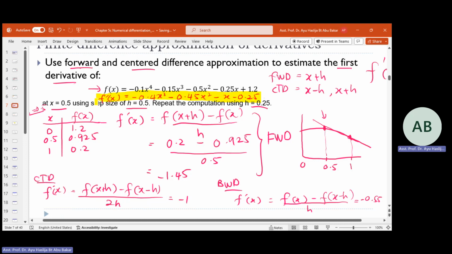Once you differentiate the function, then plug into your calculator to find the true value.